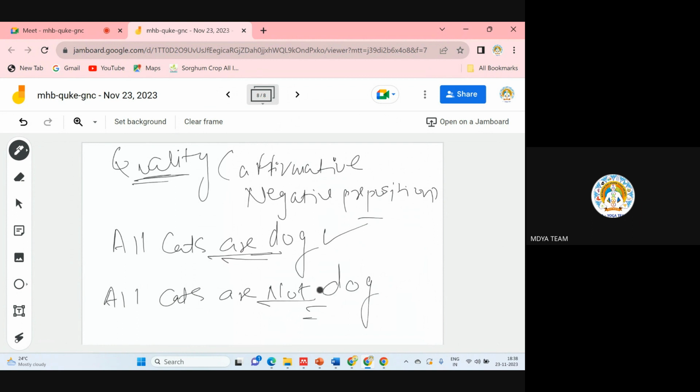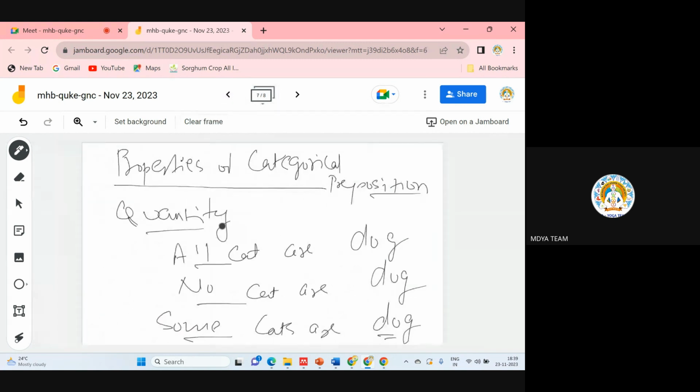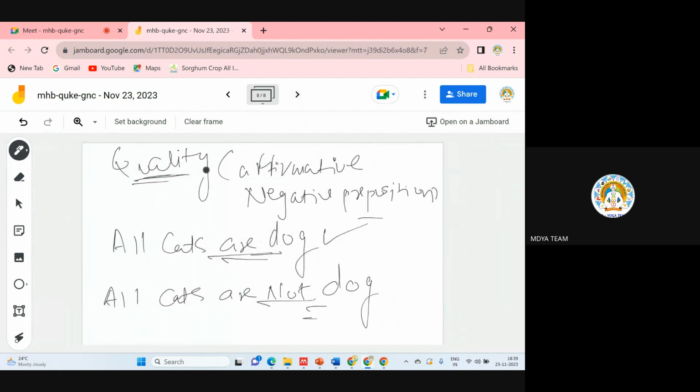Okay, is this clear? Yes, sir. Okay. Again, last time I'm repeating: quantity will tell how many subjects are included in that statement, and quality will tell about the relationship between subject and predicate. All cats are dogs or all cats are not dogs.